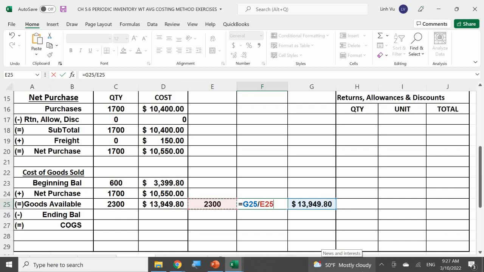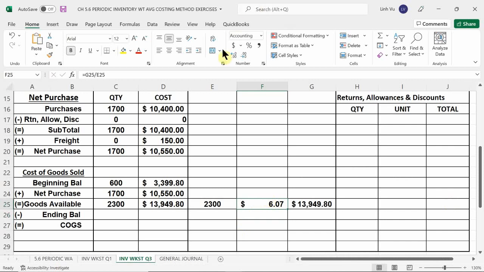Is it 6.0651304? Good, correct. Okay, so this is my average cost. So every time I sell an item, it's going to cost me $6.06.